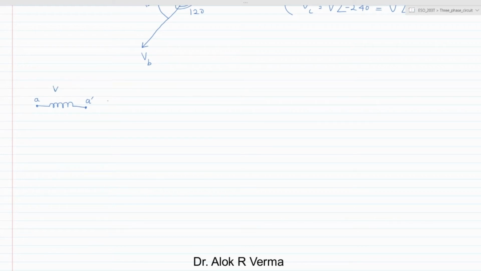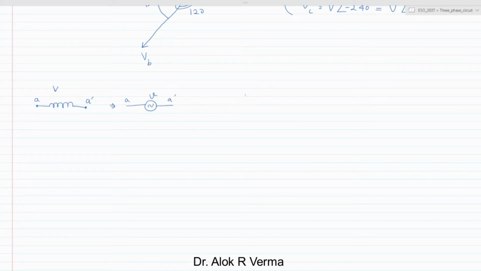So this is basically a voltage source. So this can be represented as Vm sin omega t or V. So this is basically a sinusoidal A and A prime.